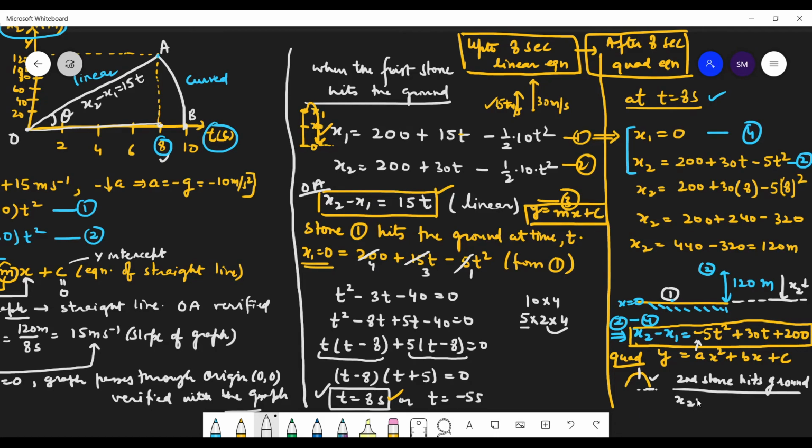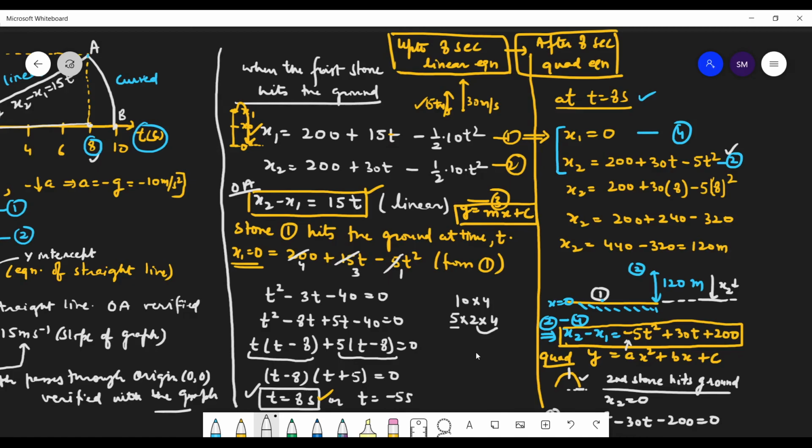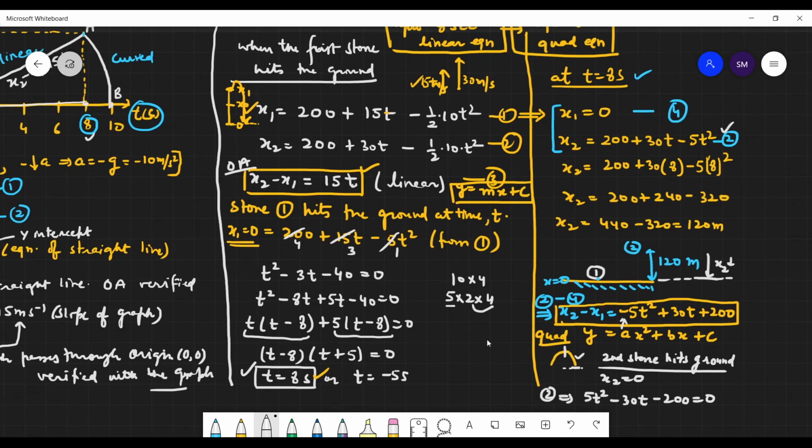So it means x2 will also be 0. It means that this second equation will also be 0. So the equation becomes 5t square minus 30t minus 200 equals to 0. So find out the time from this. 10 seconds. Very good. So t is equals to 10 seconds.